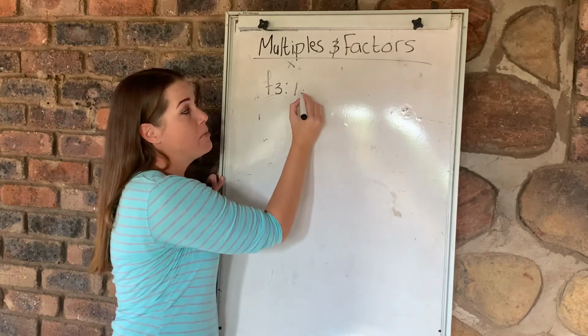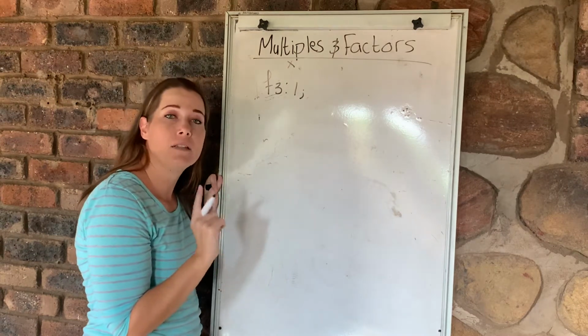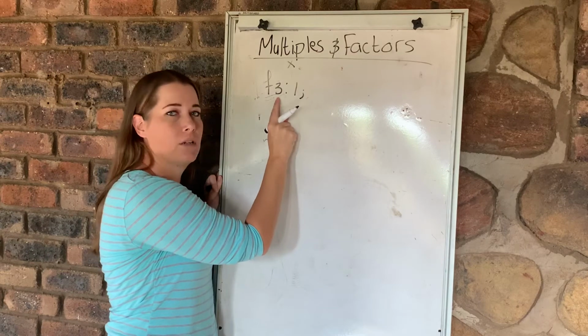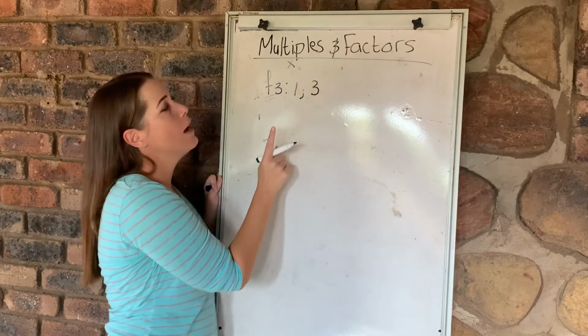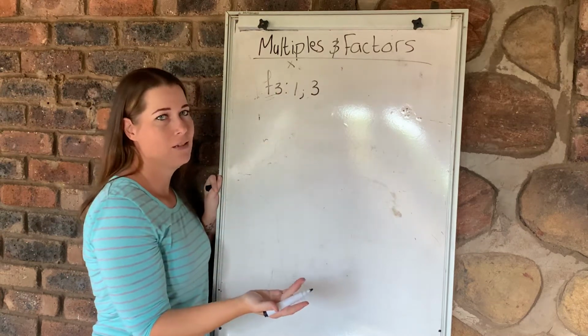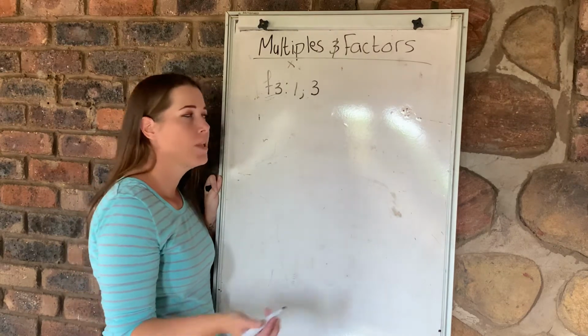Again, we will put a semicolon to show the next number. Now, like I said, factors work in pairs. 1 times what will give us 3? 1 times 3. Now, 3 can divide into 3 without a remainder. 2 can't, because there will be a remainder of 1.